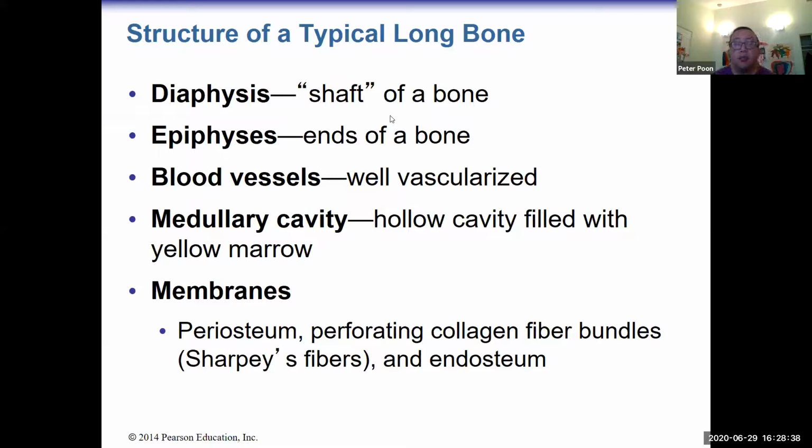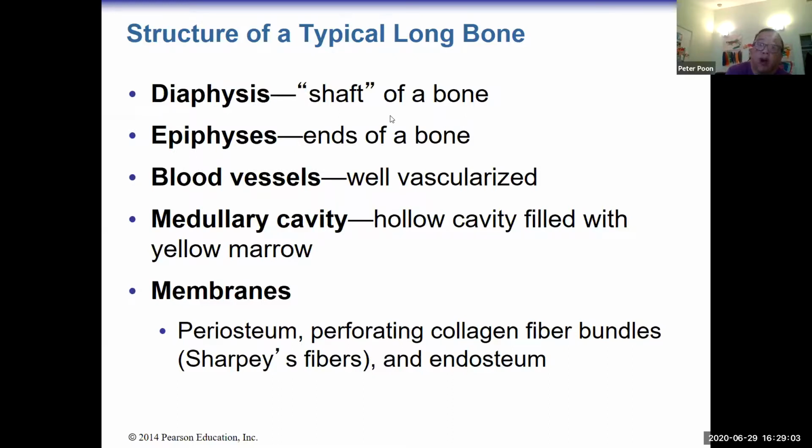The epiphysis are the ends of the bone. In that bone labeling, you guys have something in the middle called the metaphysis. Don't worry about labeling that. Some books divide parts of the bone in three, and some don't. It's just part of the epiphysis. So just diaphysis and epiphysis.